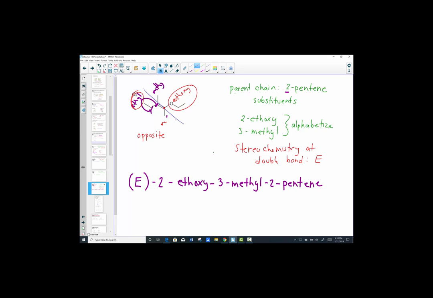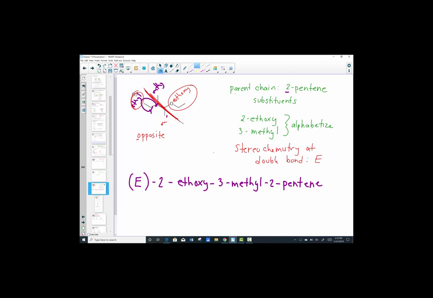Now notice that the priorities are on opposite sides of the double bond. Therefore, opposite, which starts with an O, leads me to the E configuration. So the stereochemistry E, 2-ethoxy, 3-methyl, 2-pentene, putting it all together.